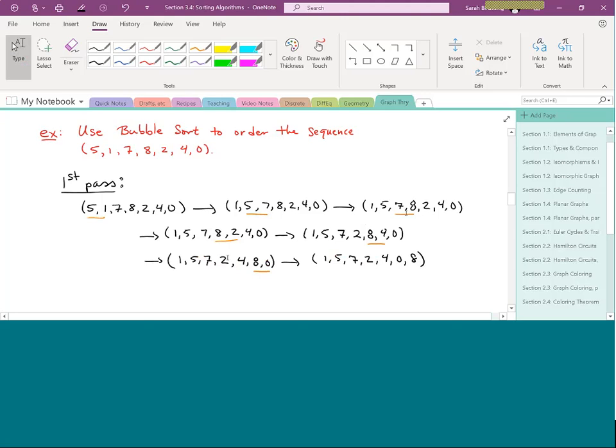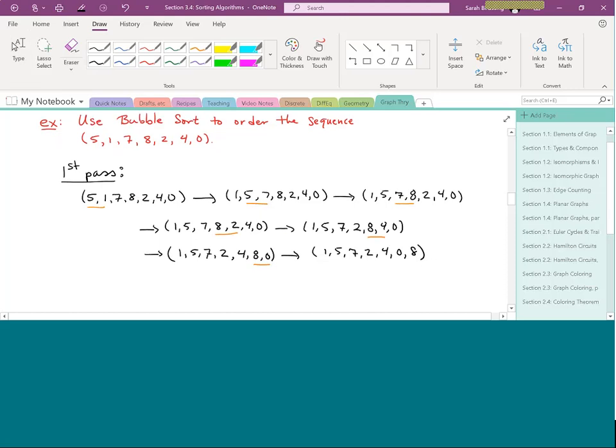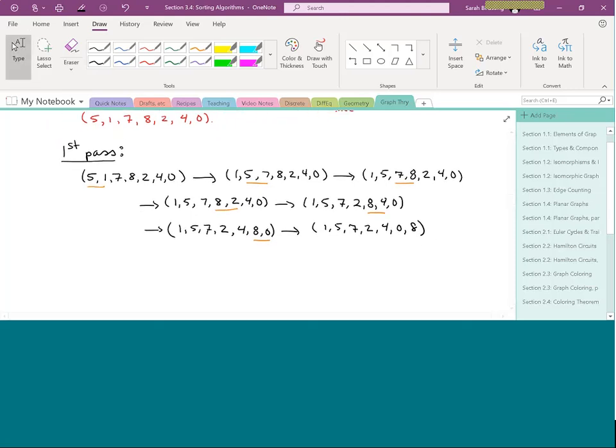Basically, what happens with each pass is what? The largest number in the sequence that isn't currently in the place where it should be gets picked up and moved to its correct location. So here, there was some reordering at the beginning, but the main thing that happened was this 8 got moved to the very end. It's totally hand-waving through the process, sort of layman's terms there.